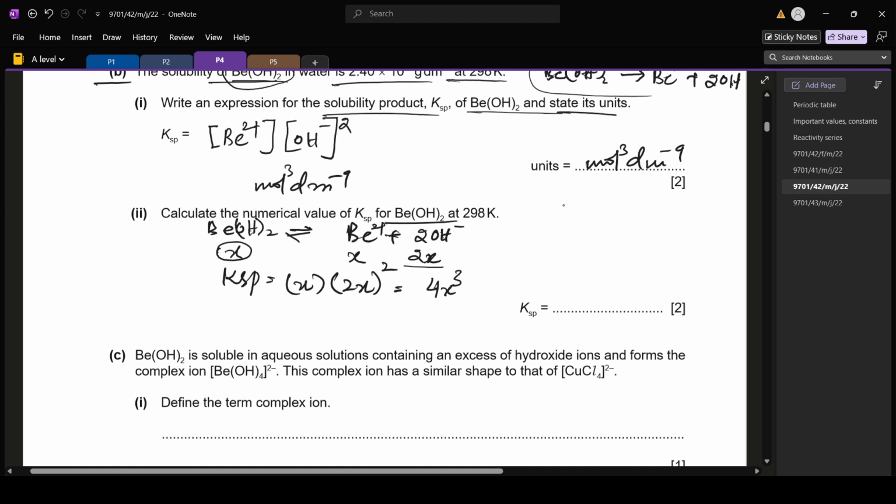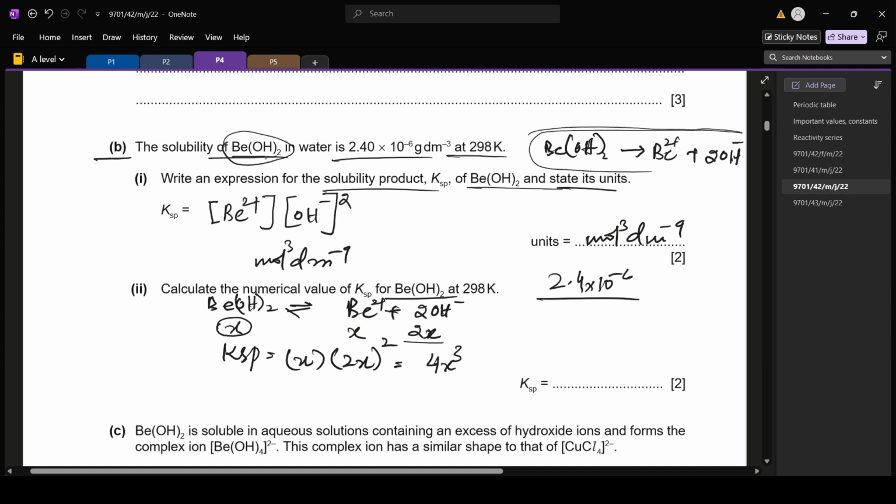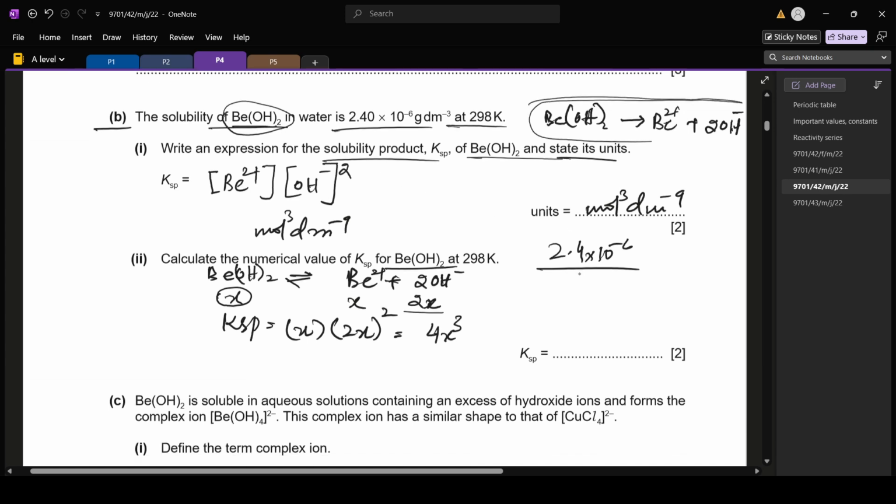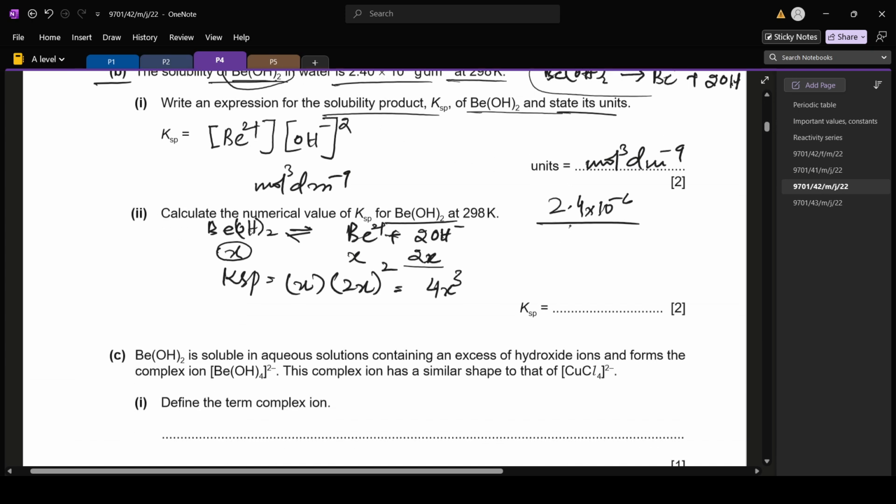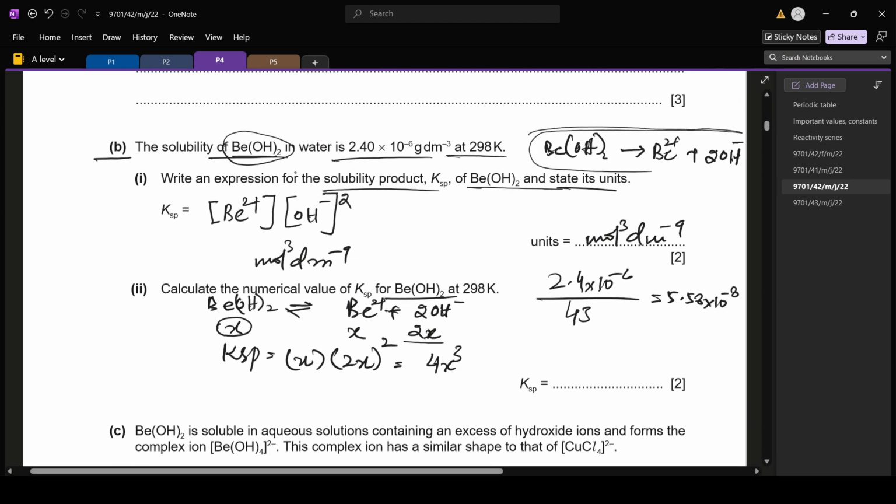So let's calculate this. 2.4 times 10 to the power minus 6, and the Mr of barium hydroxide is 43. You can calculate it from the calculator. It will be 5.58 times 10 to the power minus 8 mole per dm cubed, and this is the X, the solubility of barium hydroxide.